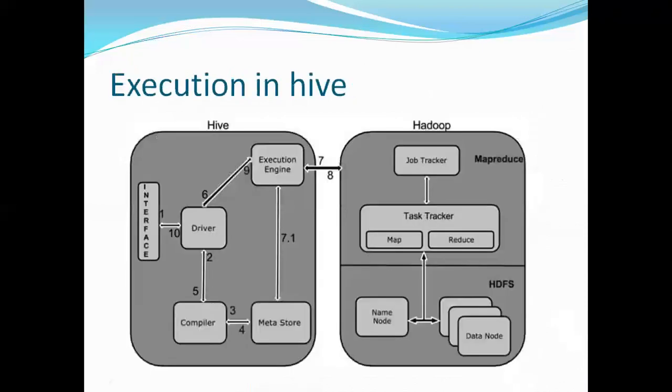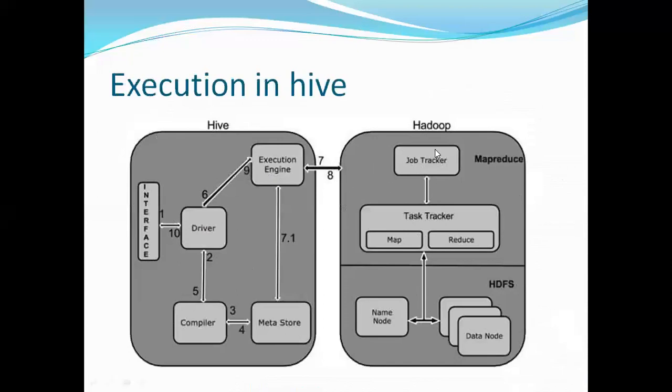So how are things executed in Hive? Once a driver runs it, it goes into the execution engine. Then it runs exactly the same way job tracker and task tracker run everything. The driver goes into the compiler. The compiler gets in touch with the metastore and gets the required metadata: where the data is stored, what the folder structure is, everything.